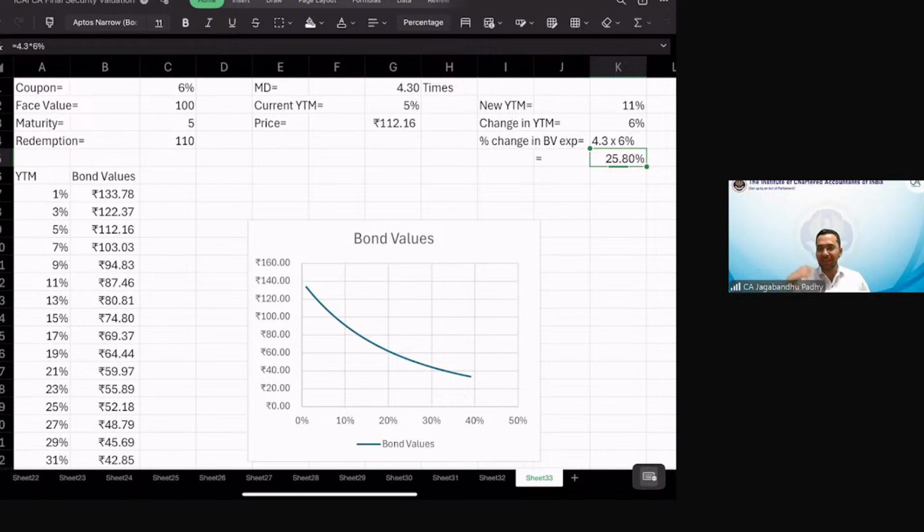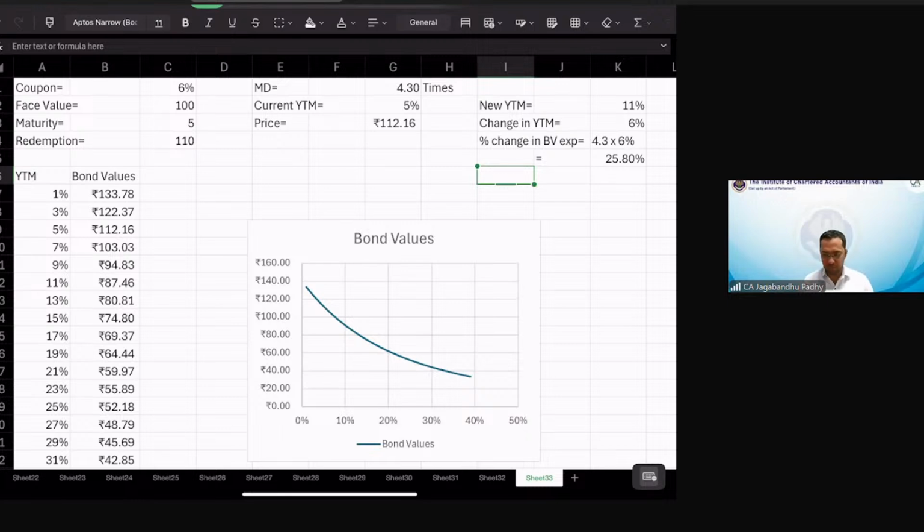Will the bond value increase by 25.8% or decrease by 25.8%? Downward, because there is an inverse relation. So when the YTM increases, the bond value is expected to fall.